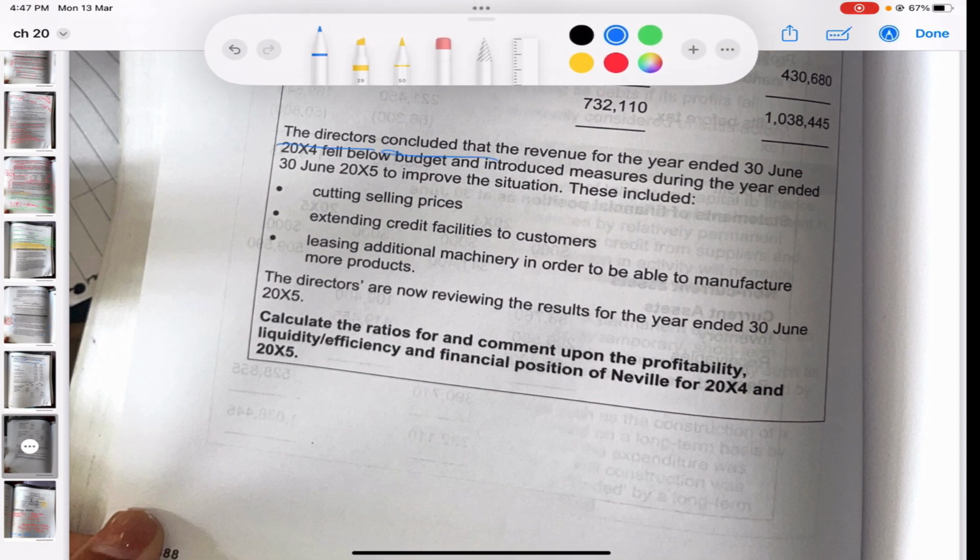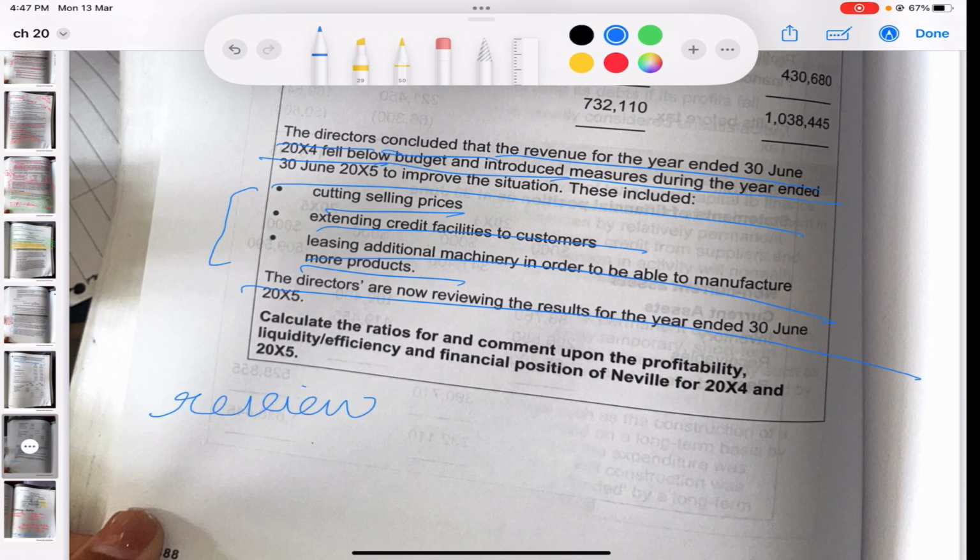The directors concluded that revenue for the year ended fell below budget and introduced measures during the year. These included cutting selling prices, extending credit facilities, and so on. The directors are now reviewing. So, in order to review the statements, you make ratios.